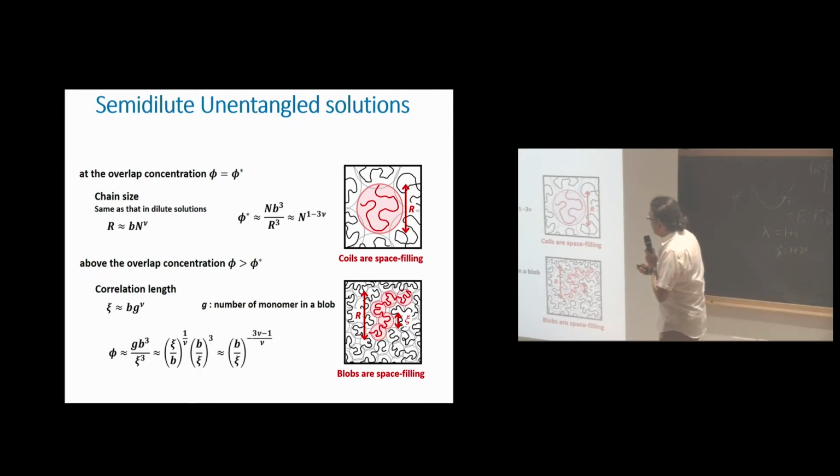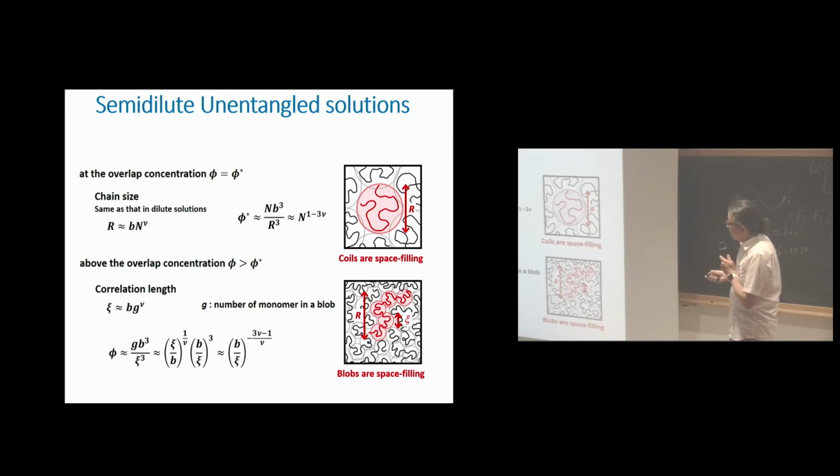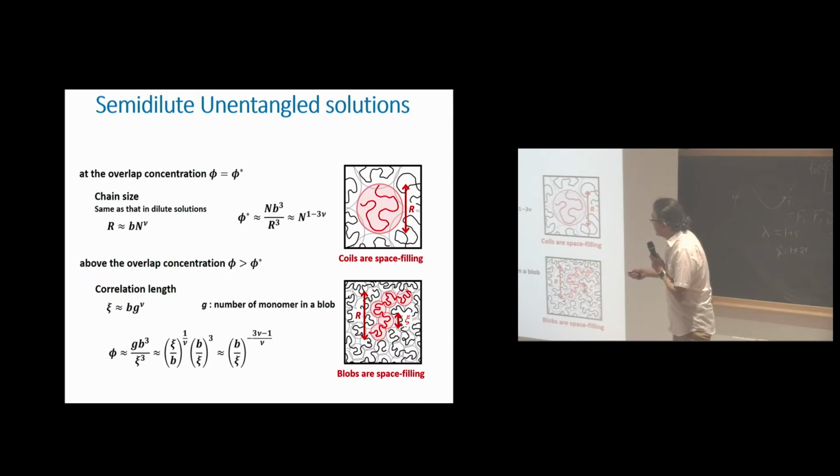The semi-dilute unentangled solution starts from the overlap concentration phi star. What is happening here is that the coils of polymers start to overlap, start to touch, so the coils are space-filling. This is at the limit of the dilute solution, so we can still use the description of the chain size in dilute solutions, the same as you saw before.